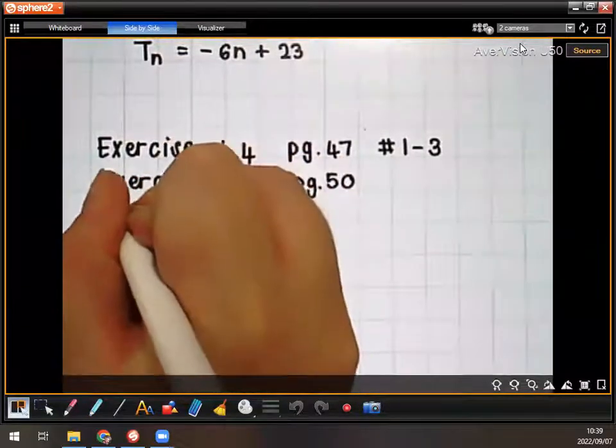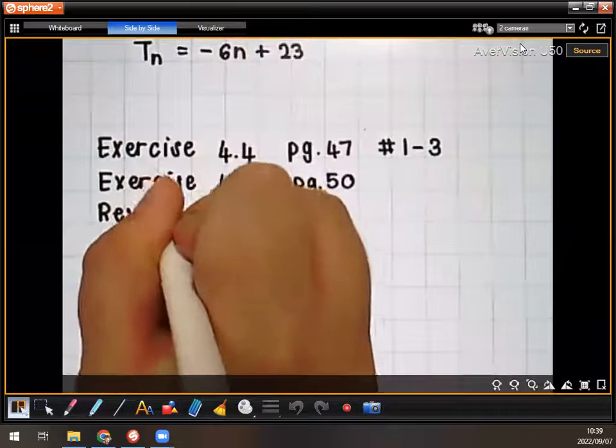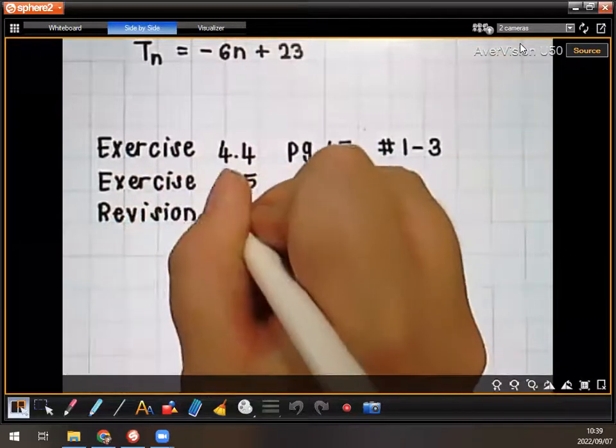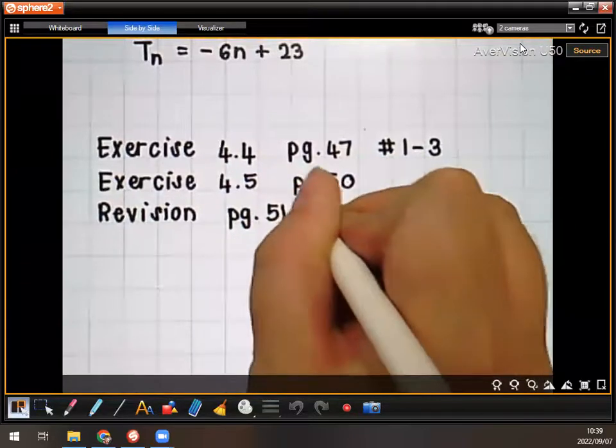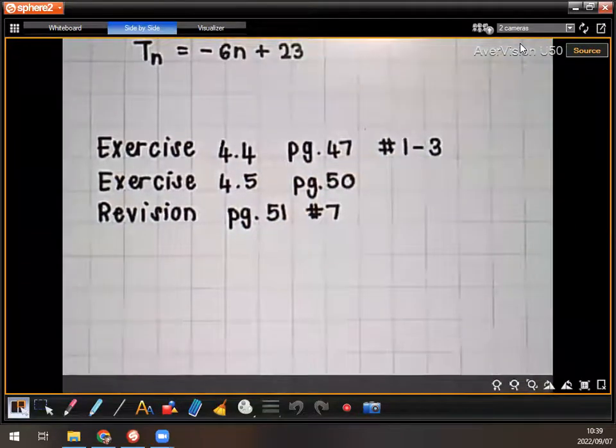The last one, and this is just going to be one question from the revision exercise, just number 7.